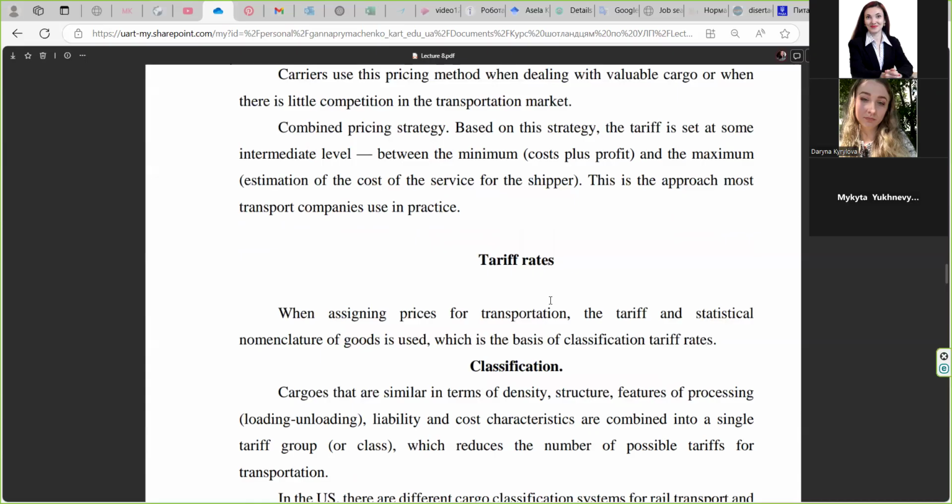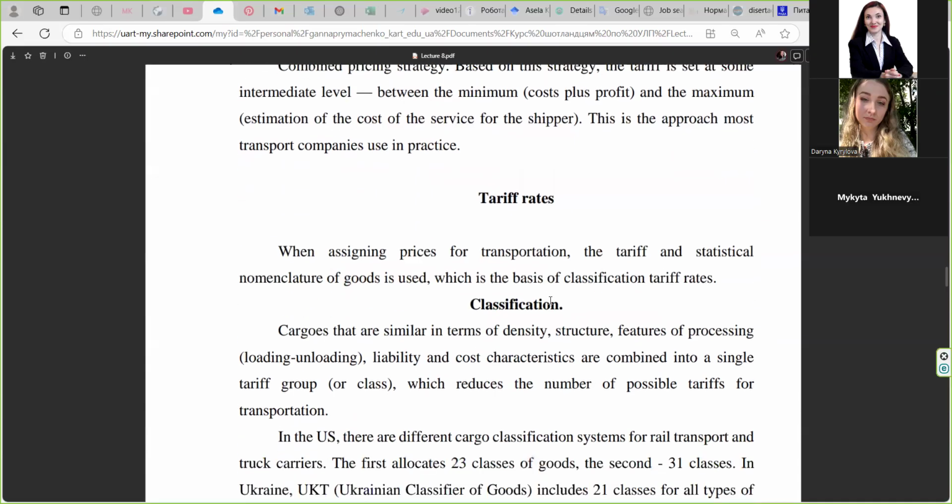So tariff rates, it is our next short topic. It is about tariff rates. When assigning prices for transportation, the tariff and statistical nomenclature of goods is used, which is the basis of classification of tariff rates.